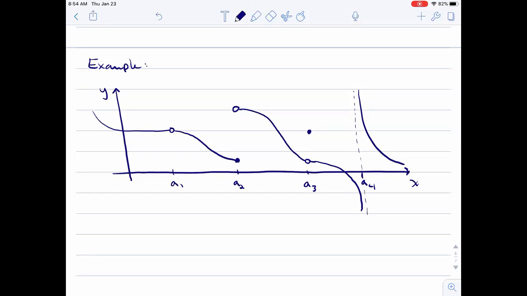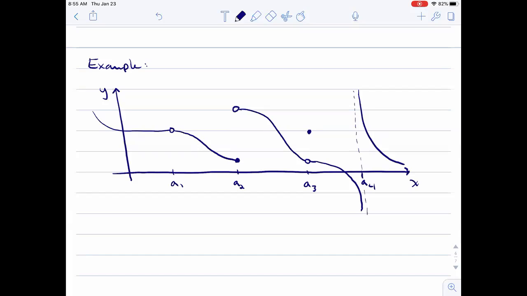Something like this. So we've got little points of interest here, A1, 2, 3, and 4. We're going to look at all these different types of discontinuities.